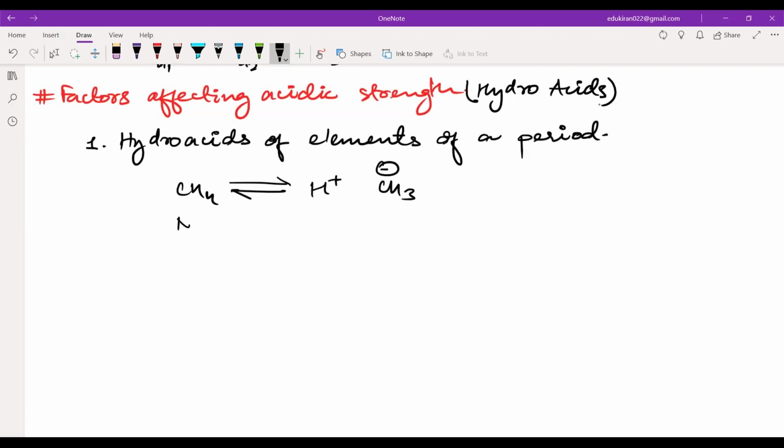Similarly, we will have NH3, H2O and HF. All of them have H atoms attached to the central atom. So if I look at a particular period and the hydroacids of that period, we have CH4.